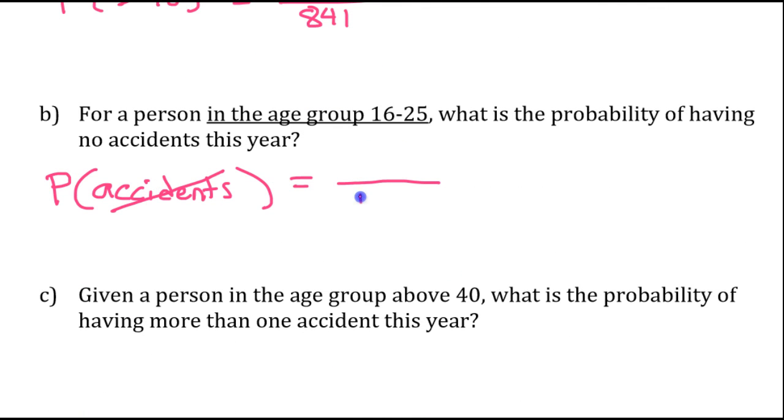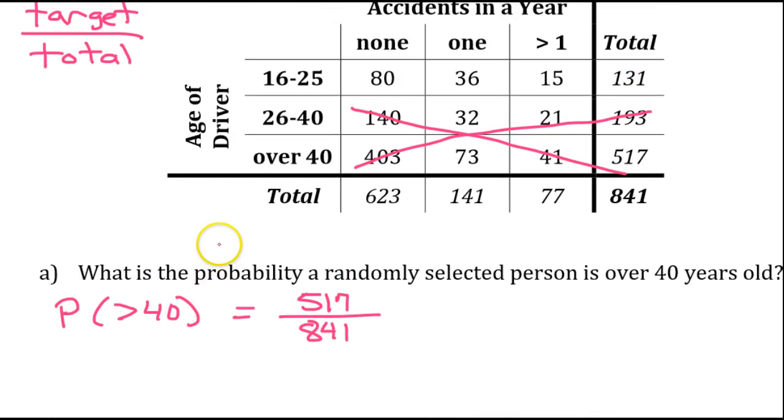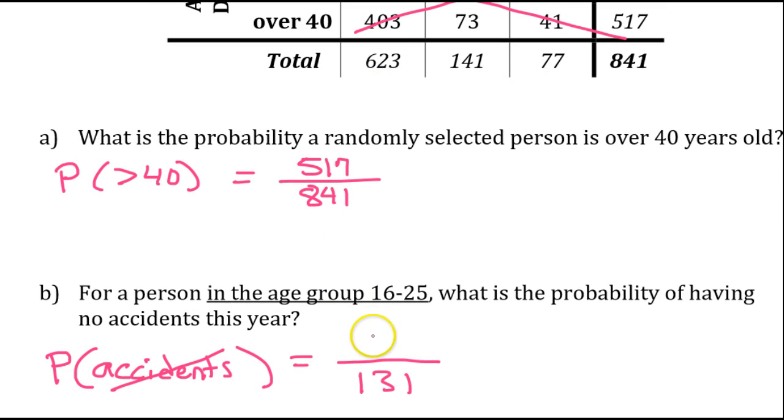There's 131 people in this age group. Now, out of that number, what's the probability of having 0 accidents? There are 80 people that had no accidents in this age group. So that's the target. So 80 out of 131, that's the probability.